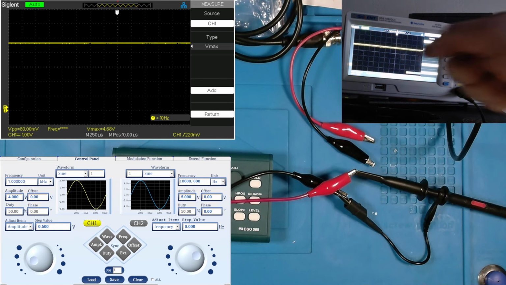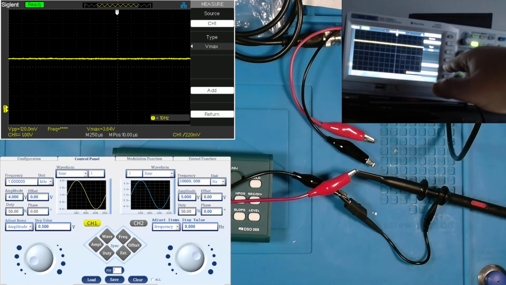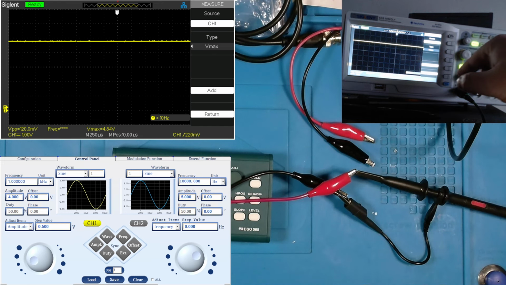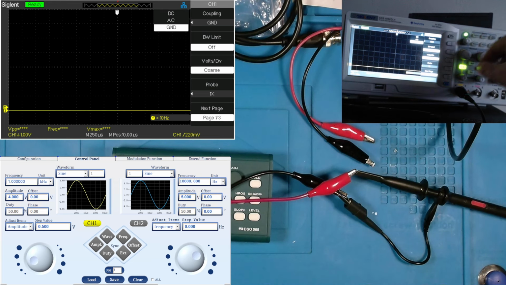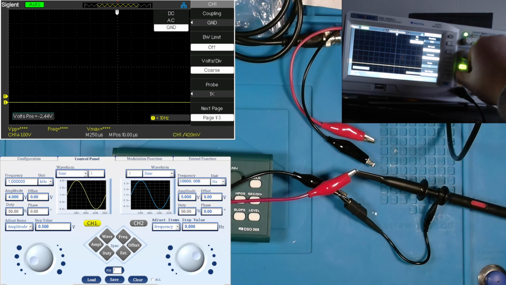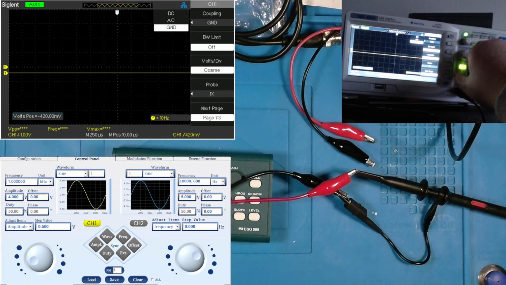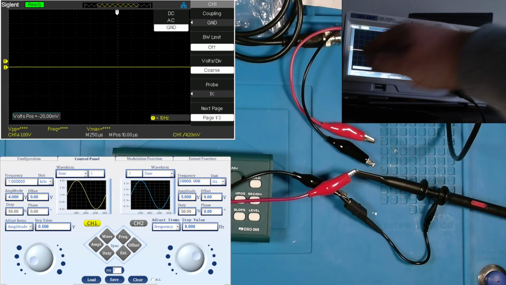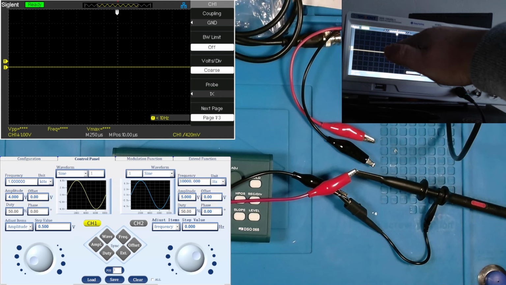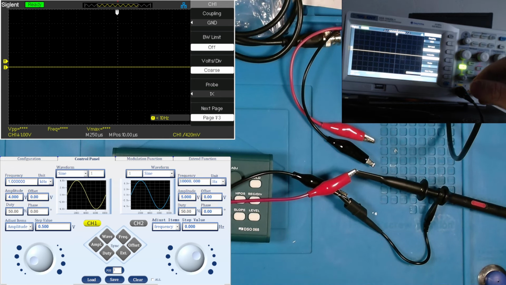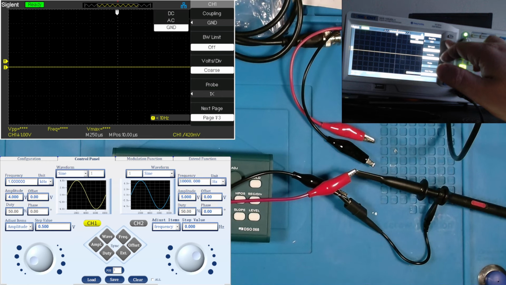Now, why would I not leave this on the center of my display, you might ask? Well, with the DC measurement, obviously it's a straight line. Got set to 1 volt. Let's count. 1, 2, 3, 4. It's probably not going to display. See what happens.